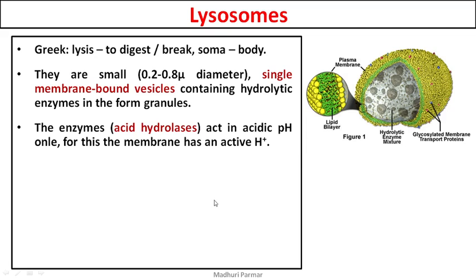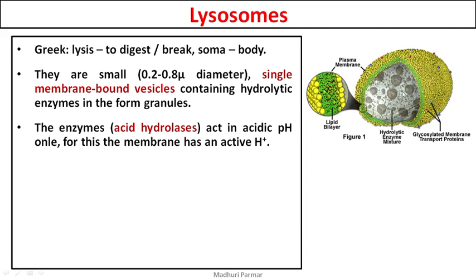For this, the membrane of the lysosome has an active hydrogen ion pump. I have forgotten the word pump on the slide, do not worry. When you talk about this membrane, it will have proteins as well, right? In these proteins there are some hydrogen pumps also. What these hydrogen ion pumps or proton pumps do is they take H plus ions, protons, from the cytoplasm and concentrate them within the lysosome.